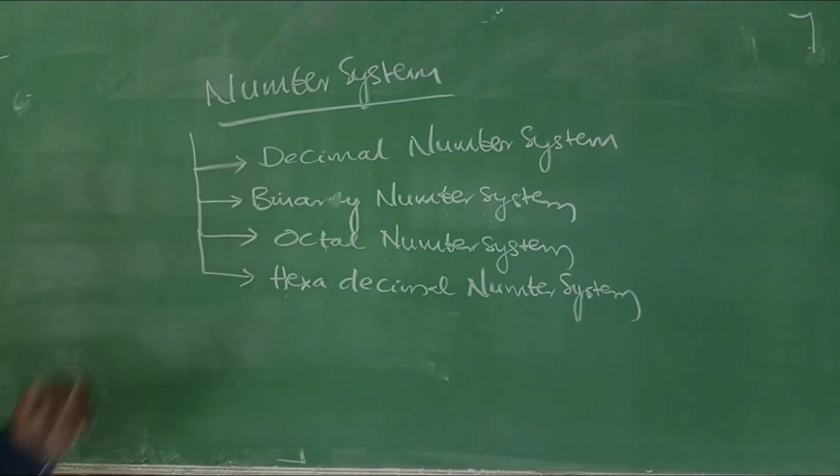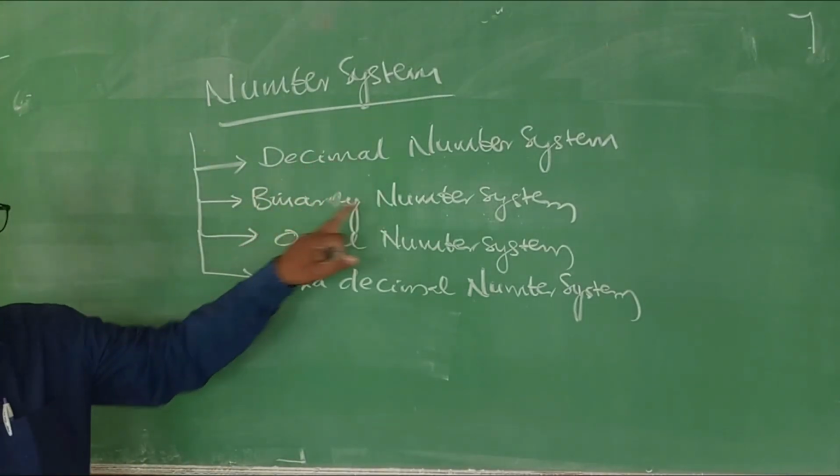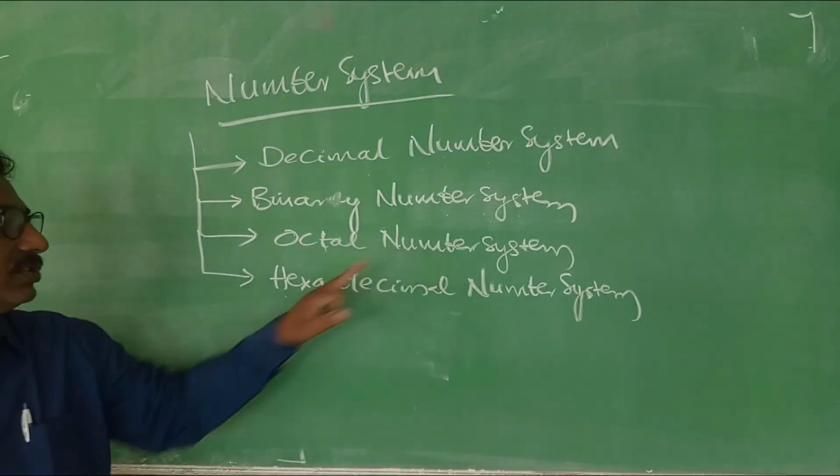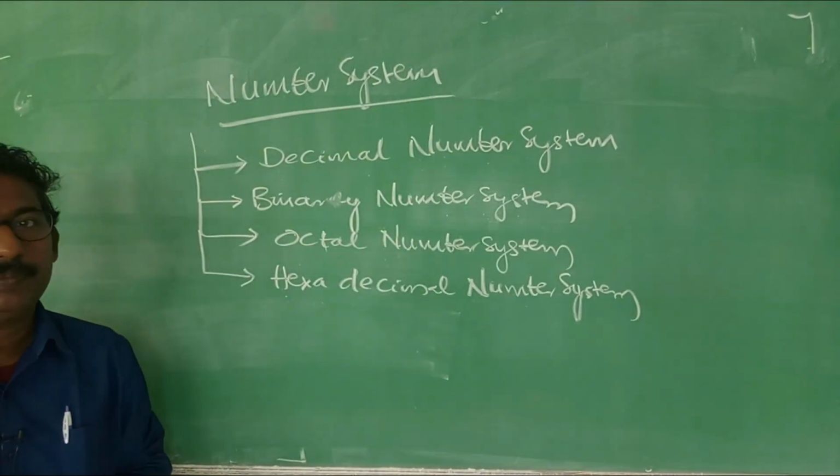So the number system is of four types: decimal number system, binary number system, octal number system, hexadecimal number system.